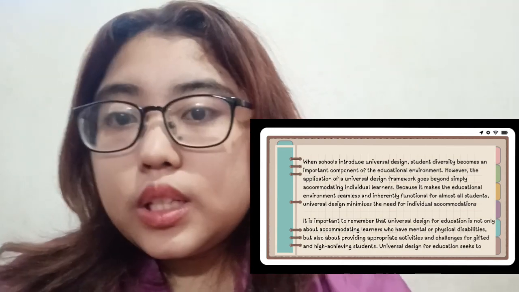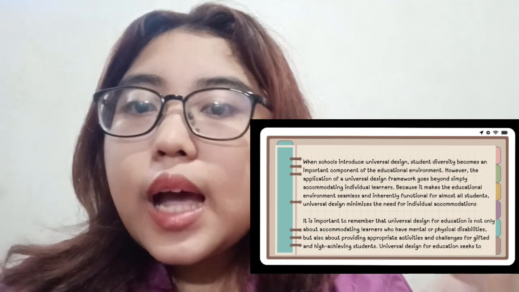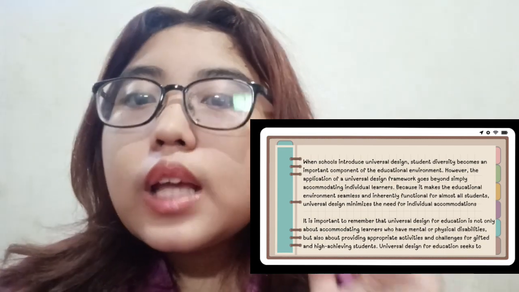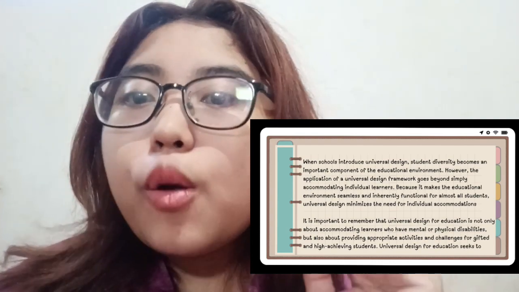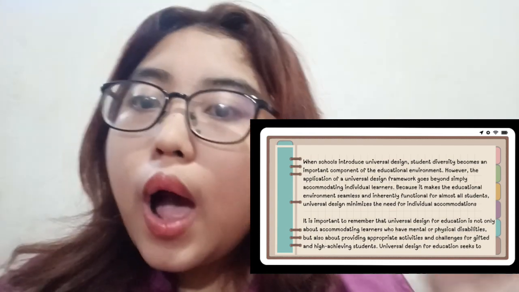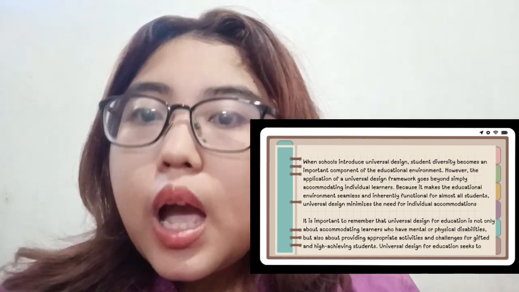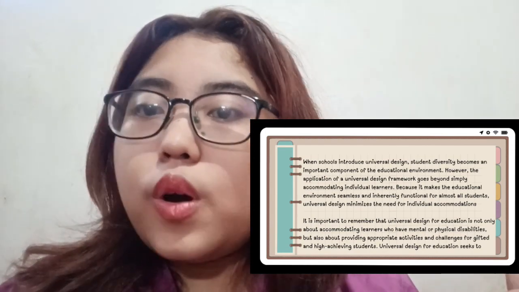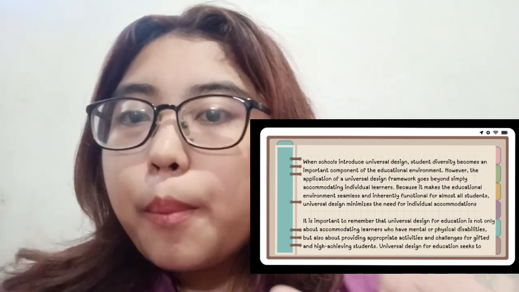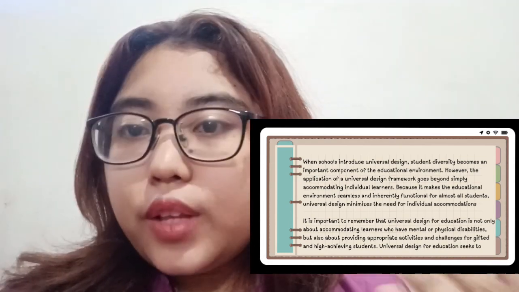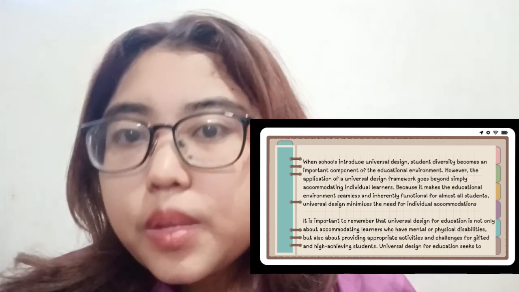It is important to keep in mind that universal design for education is not only about accommodating learners who are mentally or physically disabled, but is also about providing appropriate activities and challenges for gifted and talented students.